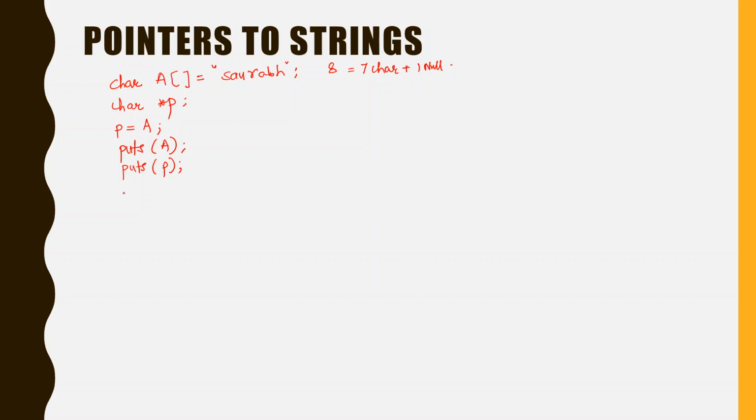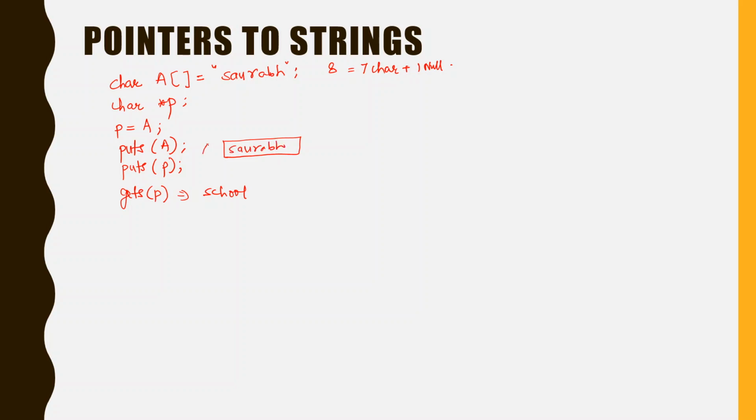Now, if you want to change the string in A, you can simply write gets(p). gets(p) would ask for a string. Suppose we enter another string, school, and this string is given as input. Earlier the character array was having these characters.